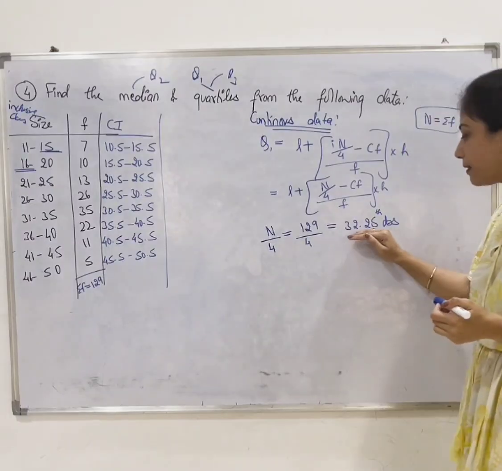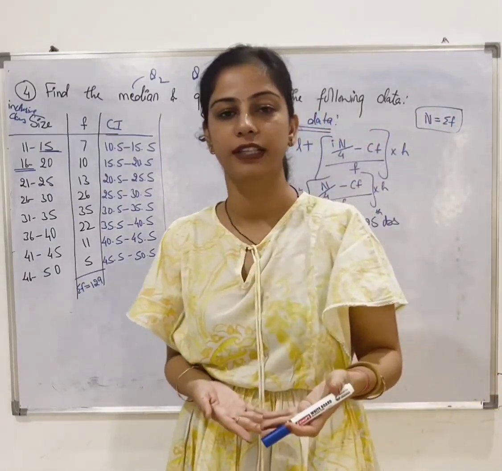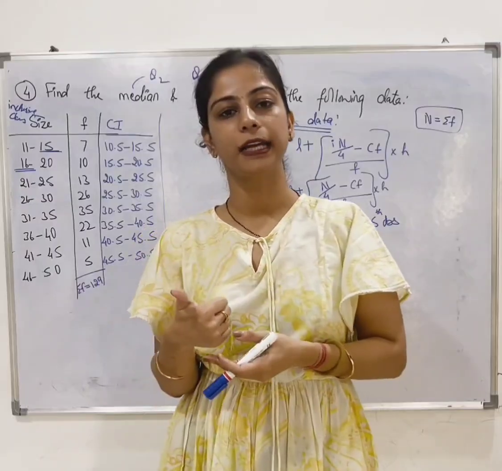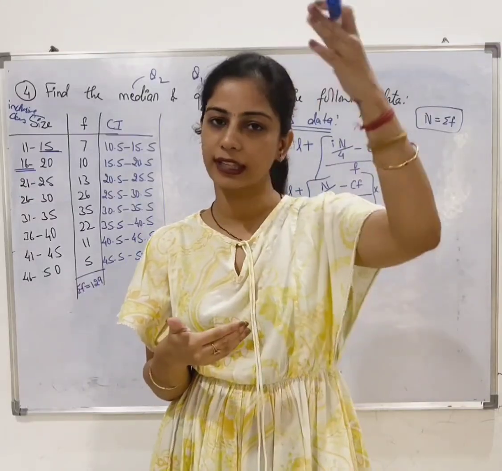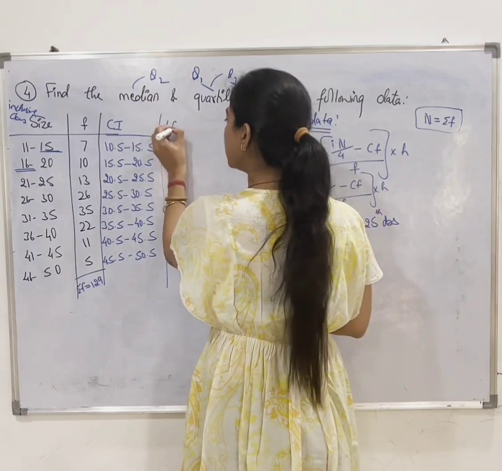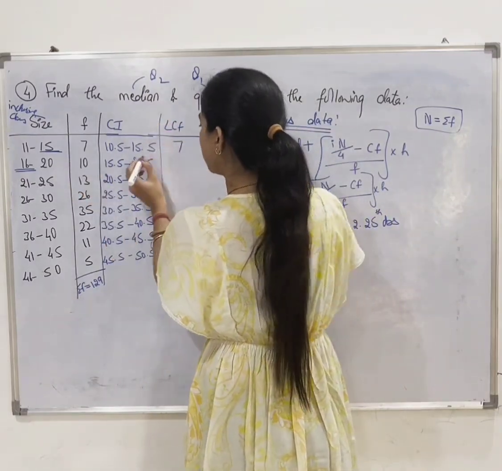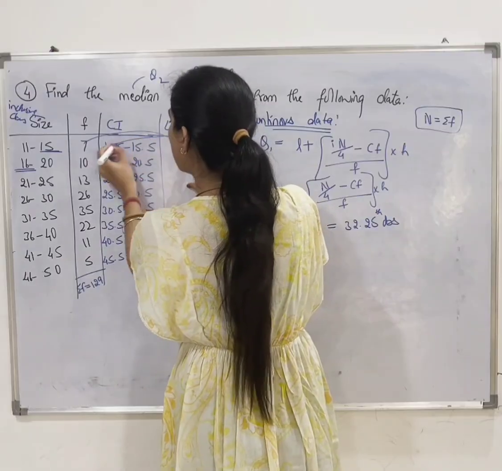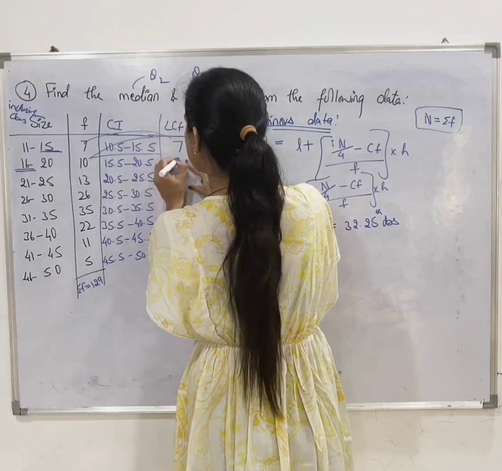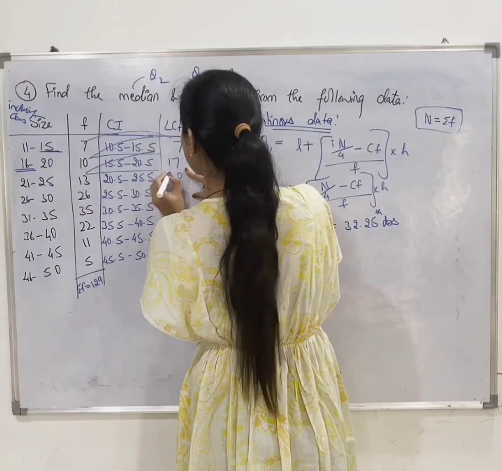Okay. Now, what are we going to do? We need to again search this value in the LCF column. This is very similar to what we have done with the discrete data. After getting (n plus 1) by 4th observation, we were looking for that value in the LCF column. So here again, we need to find out the LCF column in order to get all the values. So the first value will remain 7, same value. Then we need to add up 7 plus 10, 17. Again 17 plus 13, 30.